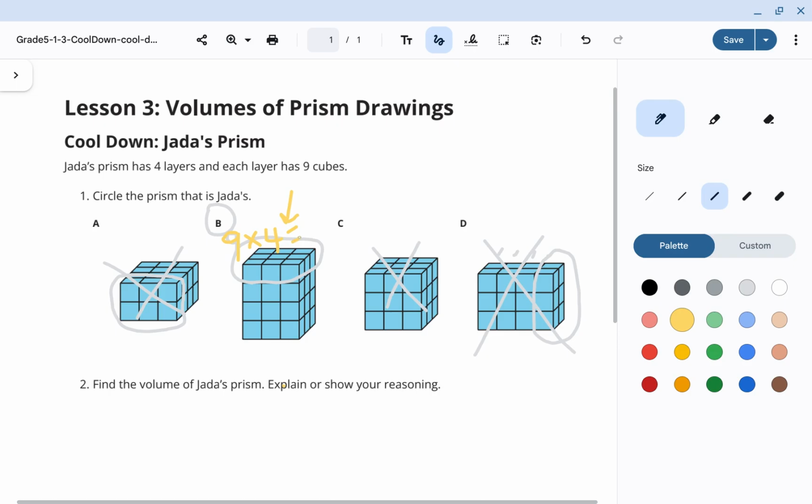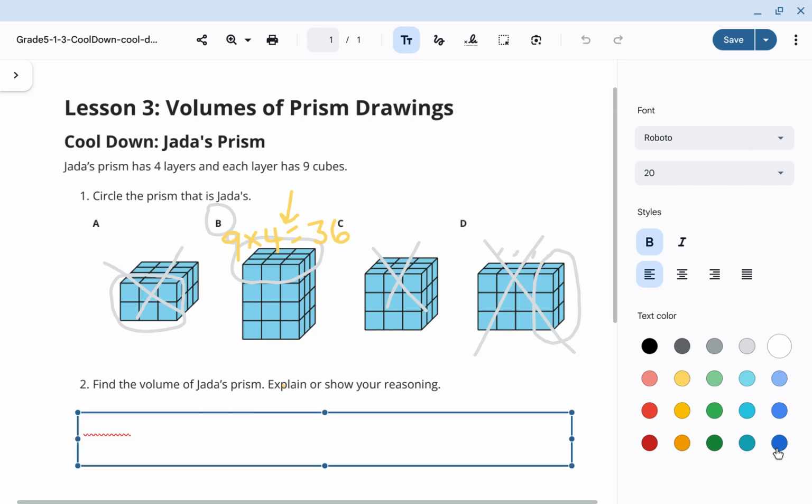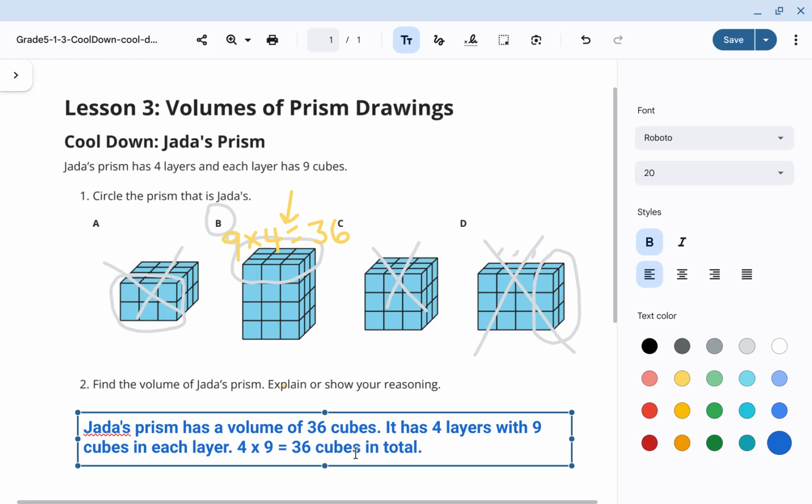Because of our lesson and our work, we know that we could just take that 9 and the 4, multiply that together, and that is going to tell us exactly how many cubes are in that entire prism, and that is going to be 36. So I know that Jada's prism has a volume of 36 cubes.